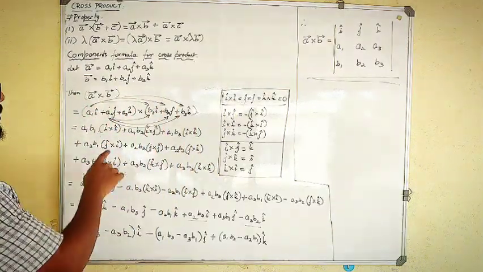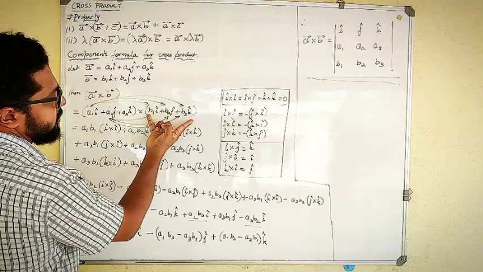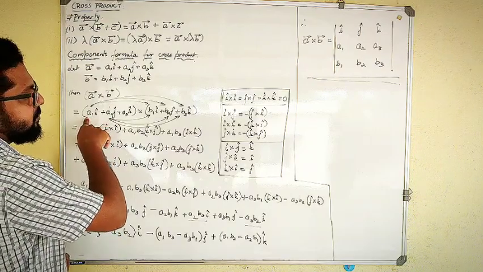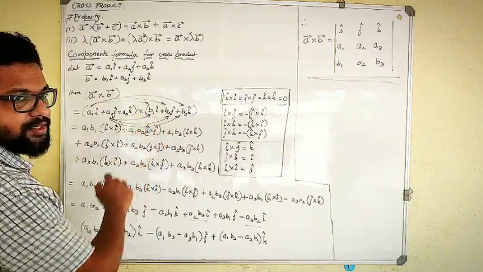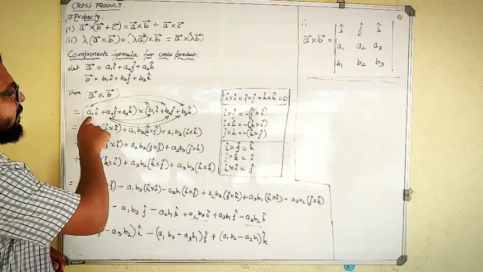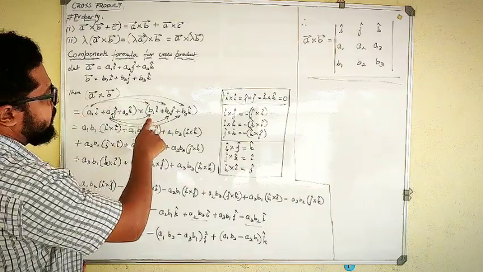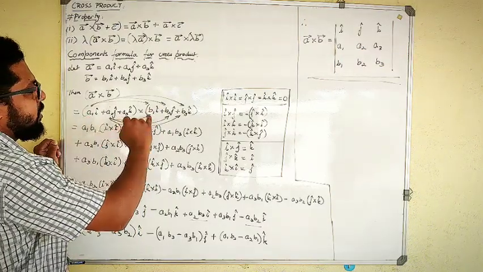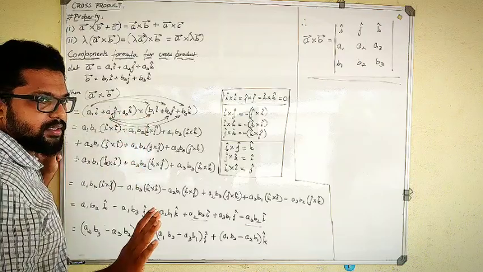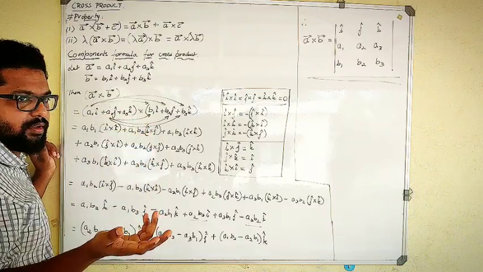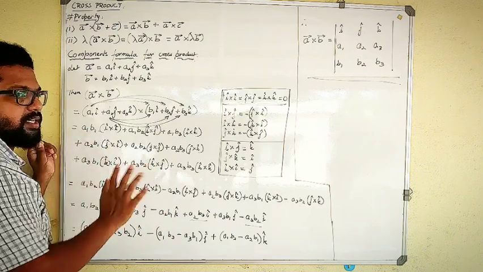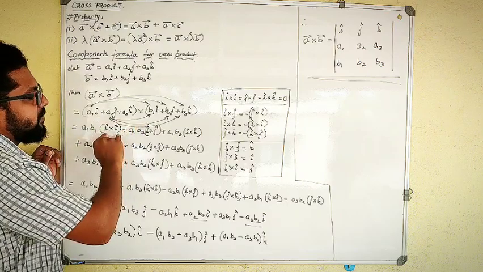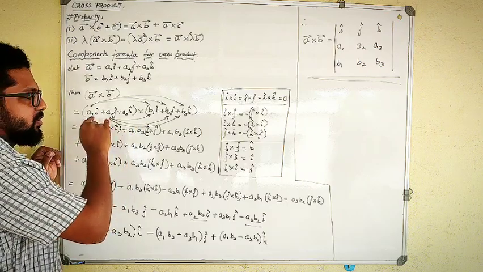Here A vector cross B vector is written. In that, I multiply the first term of A with the first term of B, so A1 i cap cross B1 i cap. Here A1 and B1 are just numbers, so I need not take a cross product of them, because for numbers any product is the same. So I write A1 B1, and i cross i remains inside the bracket.